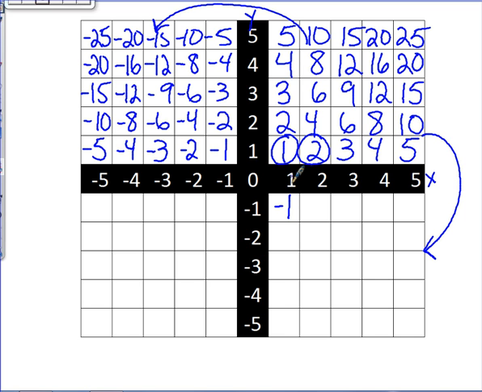And as you can see, 1 times negative 1 gives us that negative product. 2 times negative 1 gives us a negative product, just like we found out yesterday using the chip model. We're going to complete the rest of this quadrant.